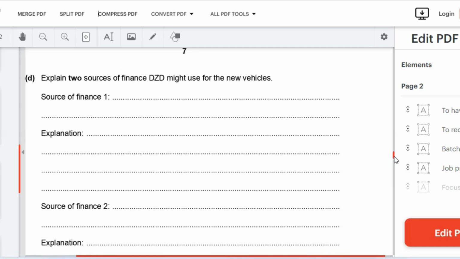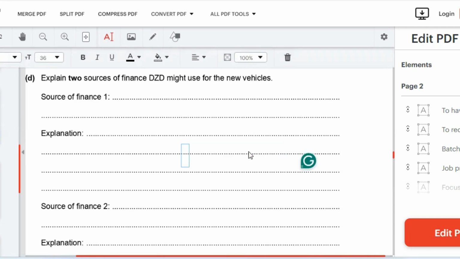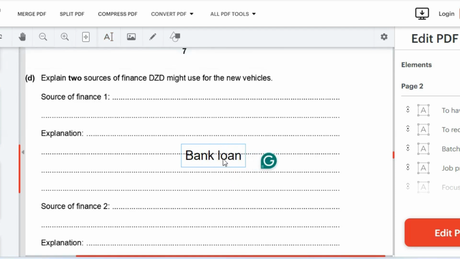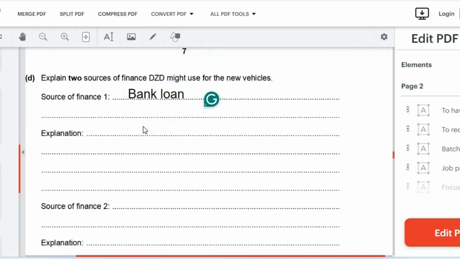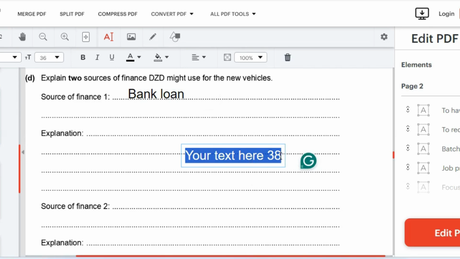Of course, the first one is bank loan. Let us try to put the text. Bank loan. And how is this helpful in purchasing the new vehicle? Of course, it helps to purchase immediately, as there will be no delay to the planned expansion when the bank loan is received at once. Let's try to put the explanation.